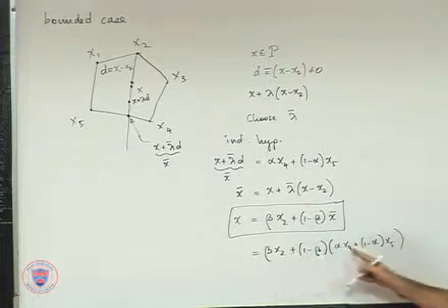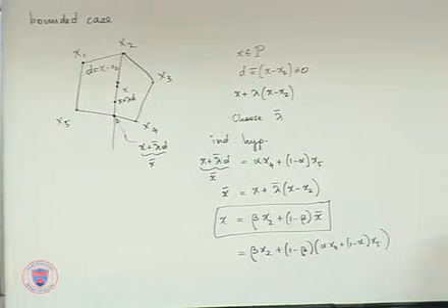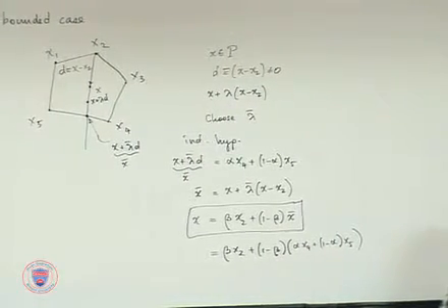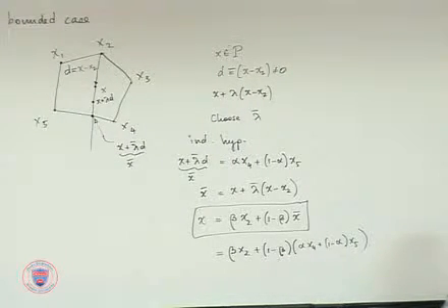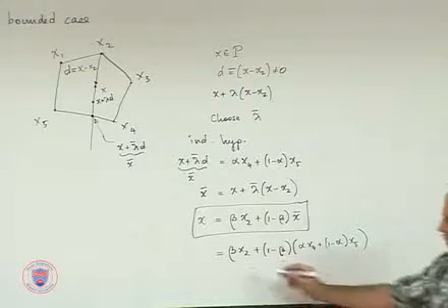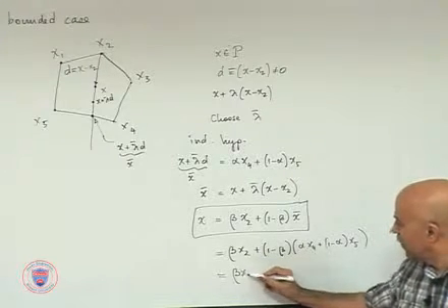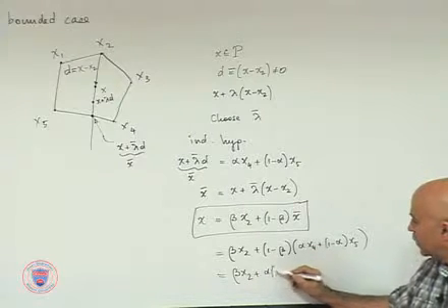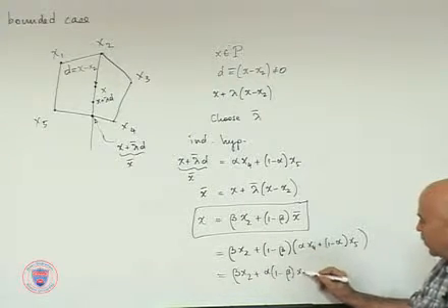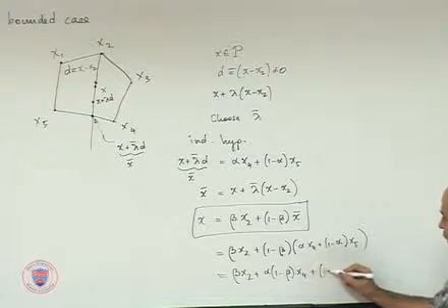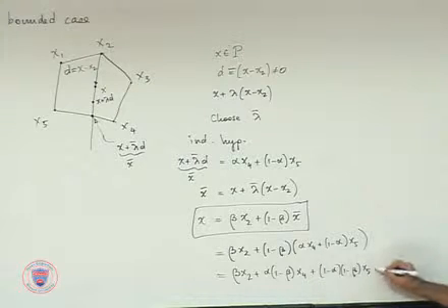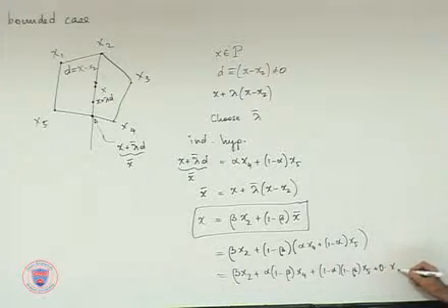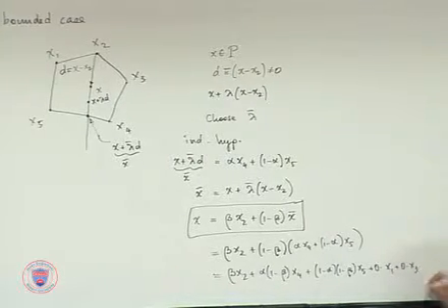So everything here is an extreme point. So the multipliers in front of those extreme points better satisfy the 0, 1 interval requirement, plus they should add up to 1. Do we have that? Beta x2 plus alpha times 1 minus beta x4 plus 1 minus alpha, 1 minus beta x5, plus, of course, 0 times x1 plus 0 times x3. Okay, the missing ones.